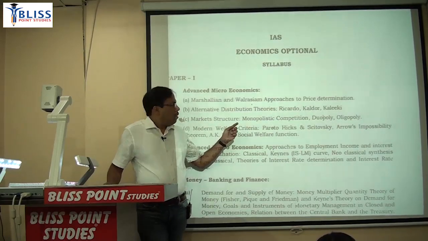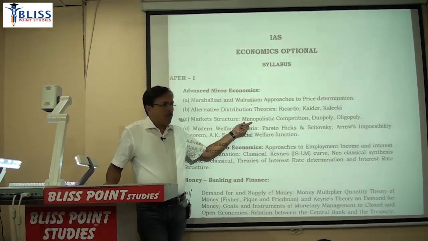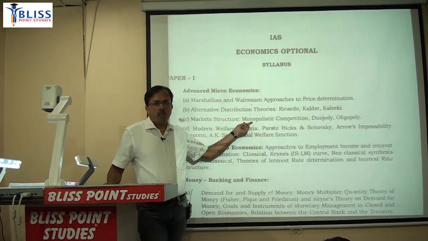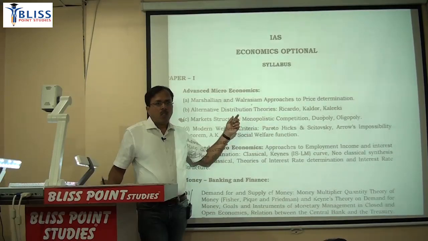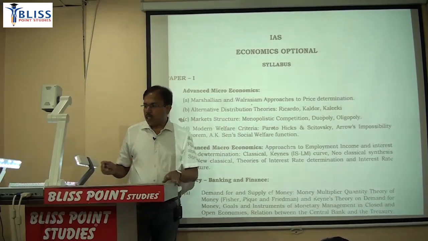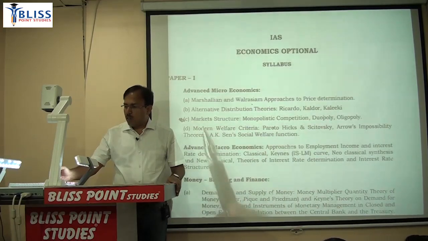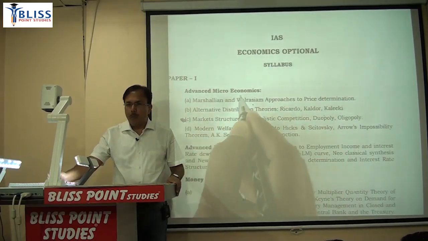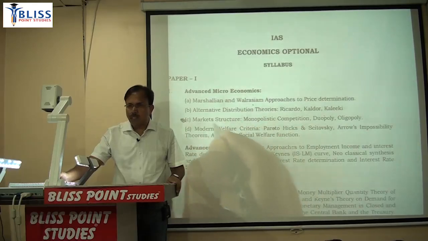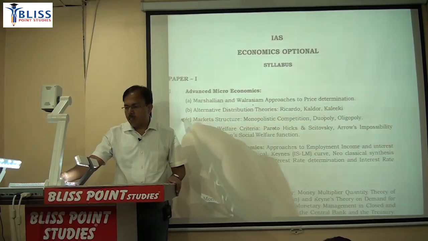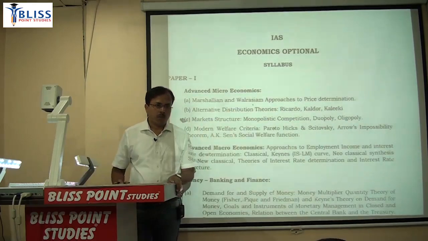Plus perfect competition and monopoly are not written in the syllabus, but there will be some questions from perfect competition as well as from monopoly. So we will first define the content included in the market structure subtopic. So write micro and then start with market structure. Your subtopic is market structure within micro.